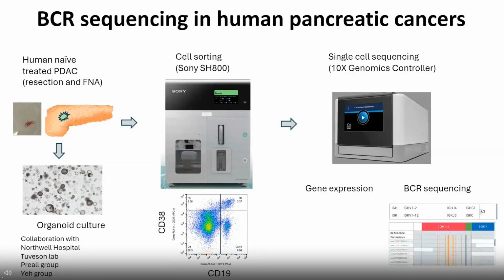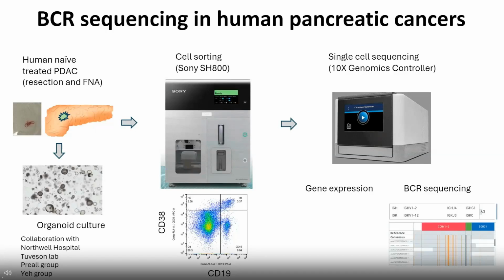So the sample normally comes pretty late, and after we do all the digestion and processing, it's already late in the night, and most of the time the only sorter available is the one we can use unassisted. Our single cell core also gave me the facility to run the single cell samples on their Chromium machine by myself. Most of the time, there are special instruments only controlled by the core users. So in this case, I showed an example here.